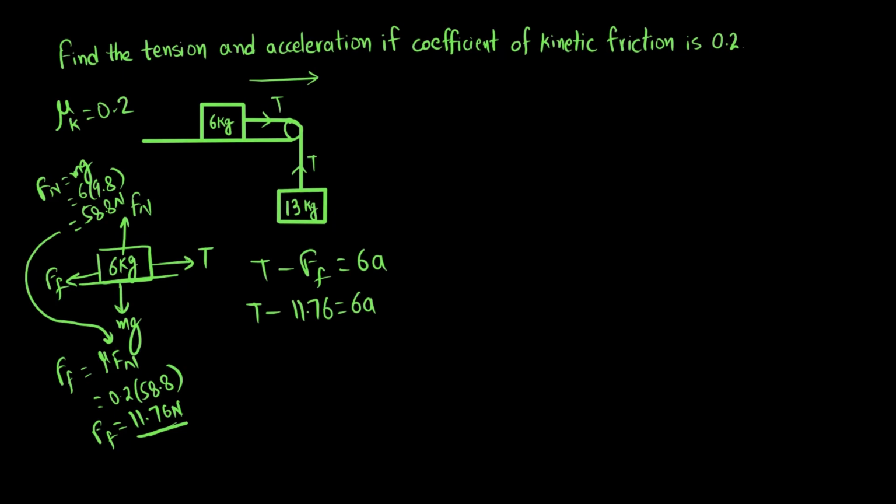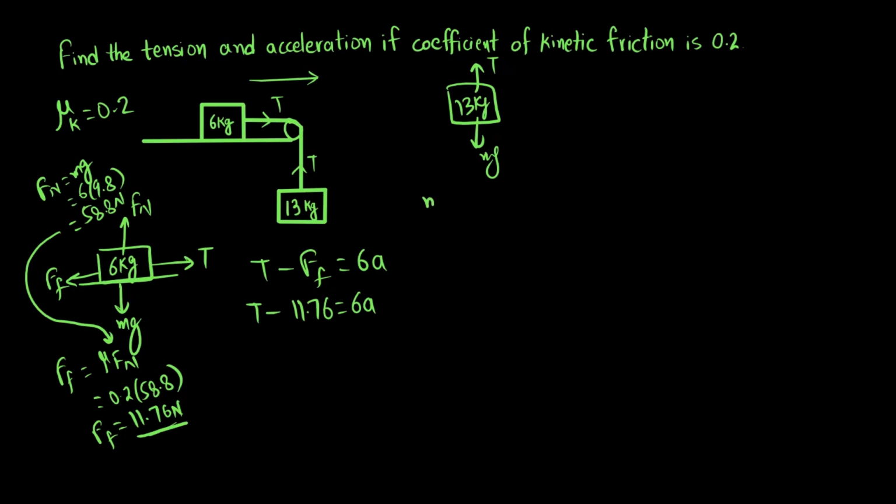To get the second one, let's draw the free body diagram of the second object. This is 13 kg. mg is acting down. Tension is acting upward. Notice I'm using the same T and T because they both have the same tension. Since it's going downward, mg would be a bigger force compared to T. That's why it's going down.